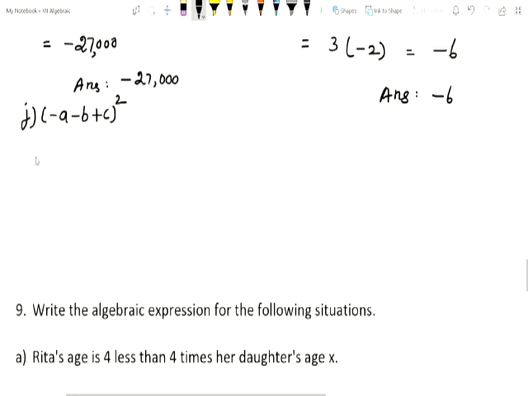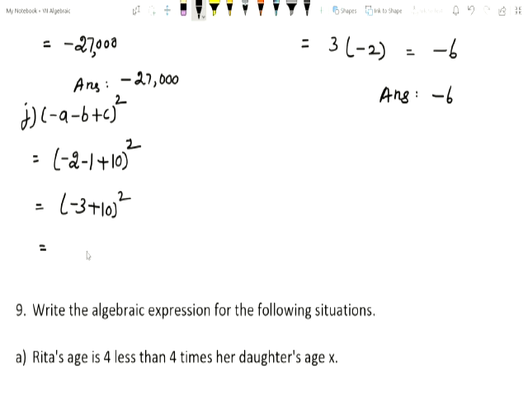See here. Minus a minus b plus c the whole square. First substitute the value. The value of a is 2. So minus 2 minus the value of b is 1 plus the value of c is 10, the whole square. First you simplify the bracket. Minus 2 minus 1, what will you get? Minus 3 plus 10, the whole square.